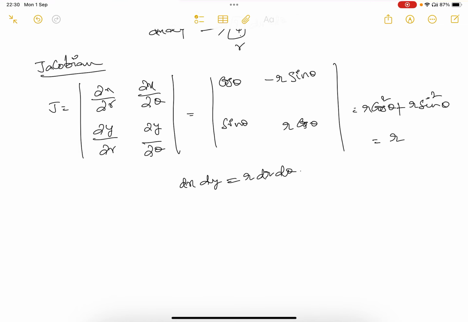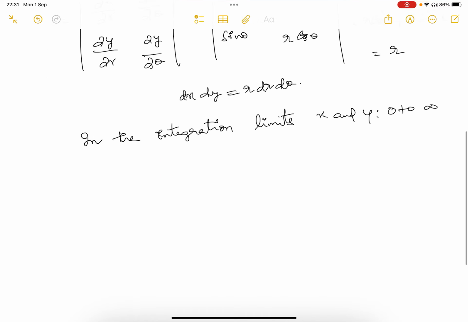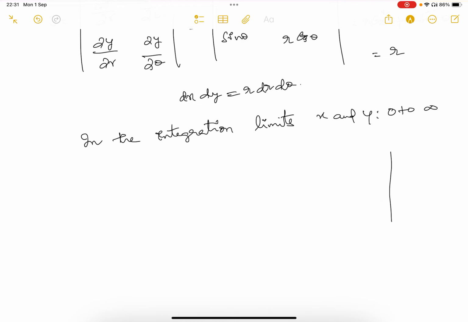Fine. Now as you can see in the integration limits, x and y both range from 0 to infinity. That is, if you draw the x and y axes in Cartesian coordinates, this covers the entire first quadrant.